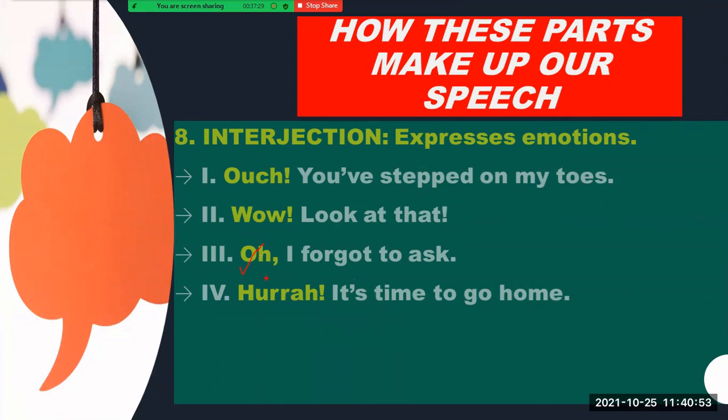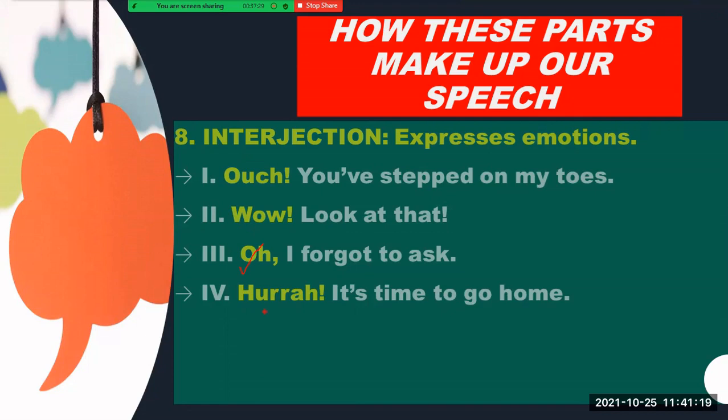Oh, I forgot to ask. Now, the fourth one, IV, hooray, it's time to go home. All right. So it is something you use to express excitement or ecstasy. You know, you feel excited, and you say hooray.